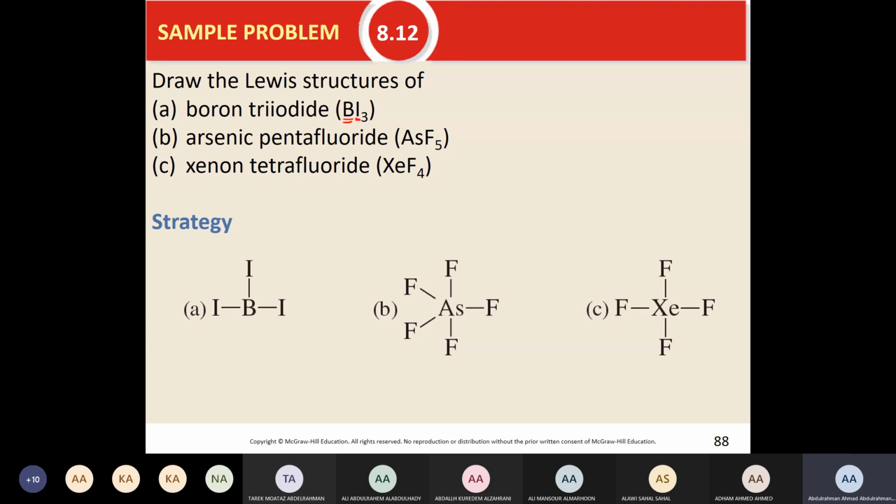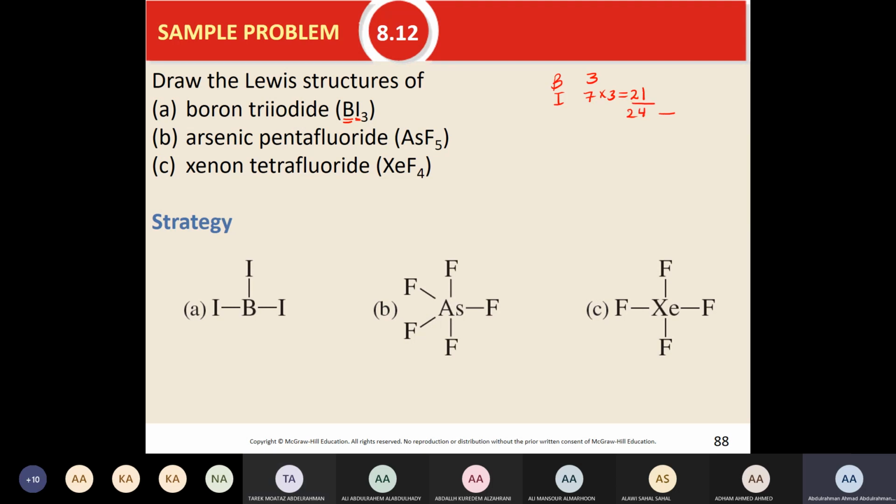Now, what's the valence of boron? 3. Iodine? 7. 7 times 3, a total of 21. And then this 3 is 24 total.